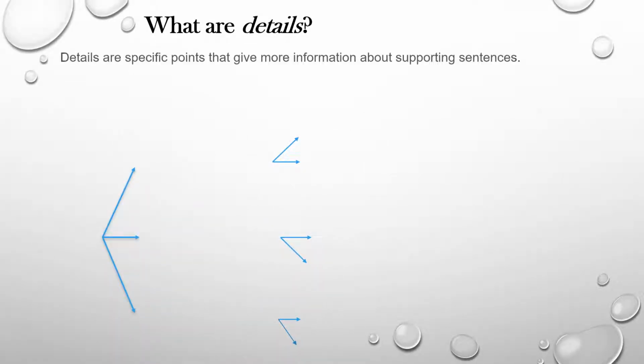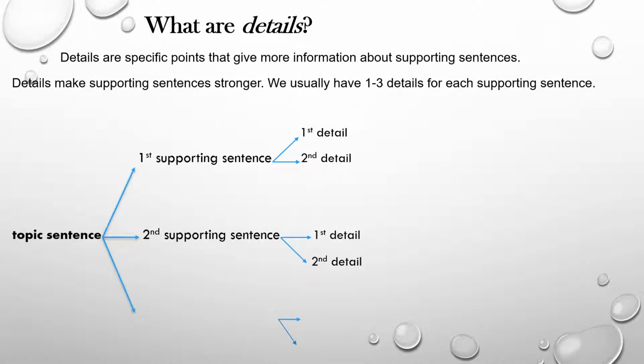So basically what I need to complete that paragraph and any other paragraph are actually details. Now, what are details? They are specific points that give more information about supporting sentences. So in other words, having good supporting sentences is not enough.